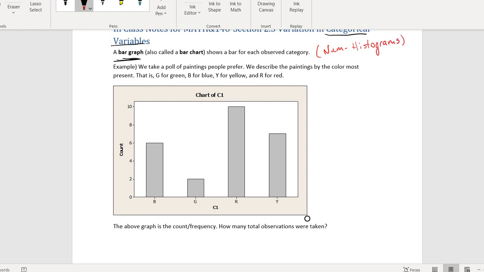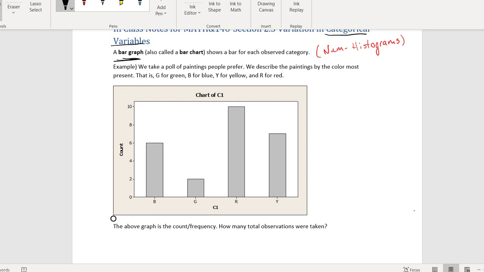So here we have an example of taking a poll of people and we ask them, hey, which painting do you like? The way we coded it was by the color that they saw.